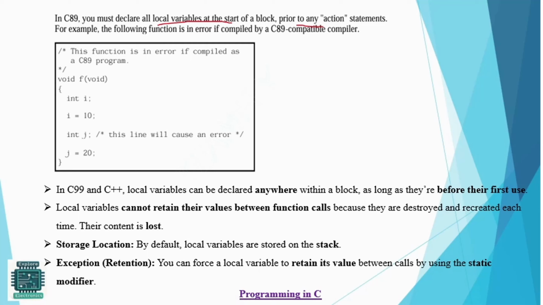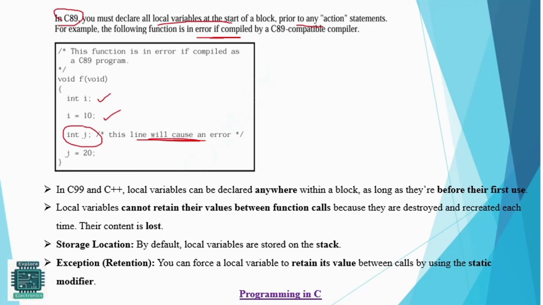For example, this is an error: void f, int i declared and i is equal to 10. But again int j is declared and j is equal to 20. As I said, in C89 all the variables must be declared first, prior to assigning values, so this line will cause an error.